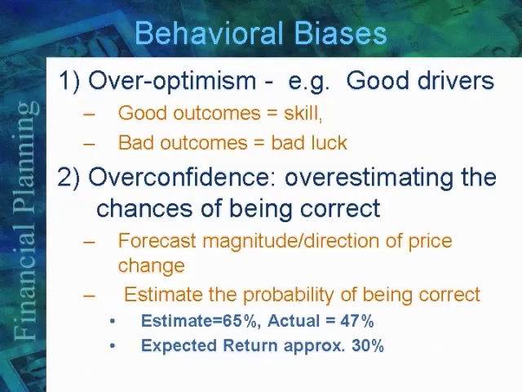And they will answer, I'm 65% sure. On average, they say they're 65% sure that they are correct. In actuality, it turns out they're about 47% correct. So they are way overconfident about their abilities. And the expected return, now what this shows out here, the 30%, if you think about your estimate of being correct.